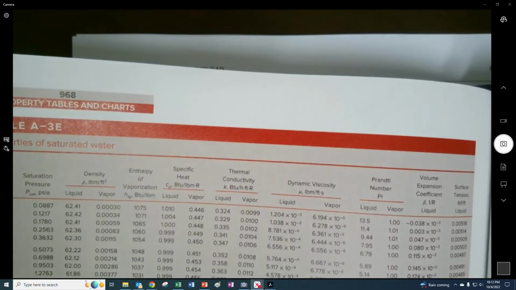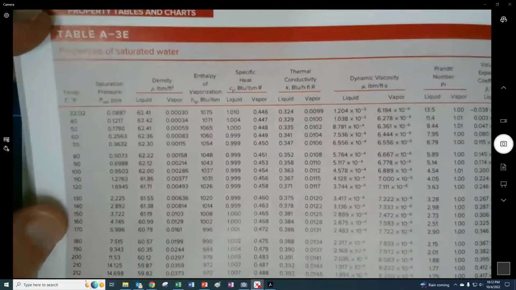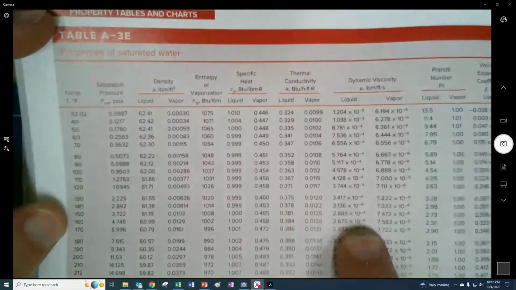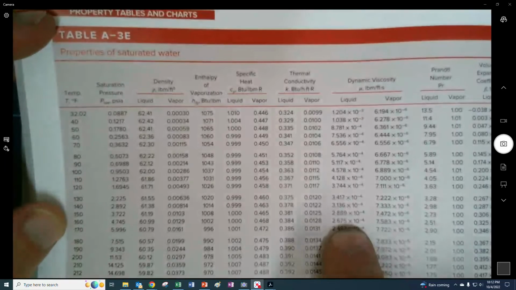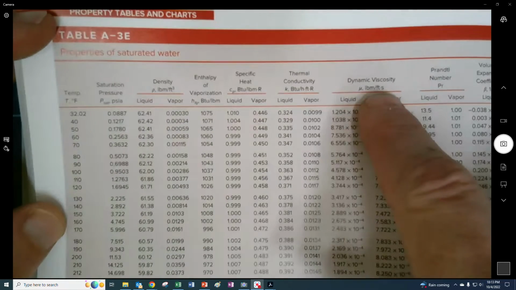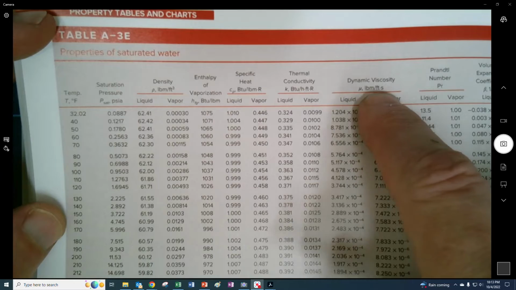Hopefully it's right there. All right, so here are the properties of saturated water. Here's 160 degrees Fahrenheit, and you come over for the dynamic viscosity, and you would get 2.675 e to the minus 4 for the liquid phase. These are pound mass per foot second.